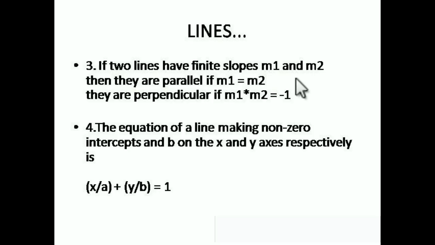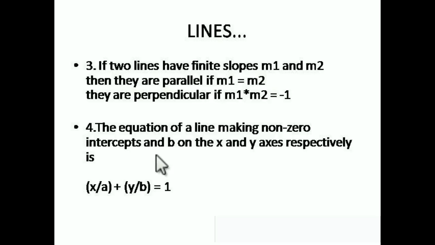The multiplication of the two slopes gives -1. Please remember this, and whenever the words parallel and perpendicular come in the problems of lines, you have to remember these two things. If parallel, then m1 is equal to m2, and if perpendicular, then the multiplication of the two slopes is -1.